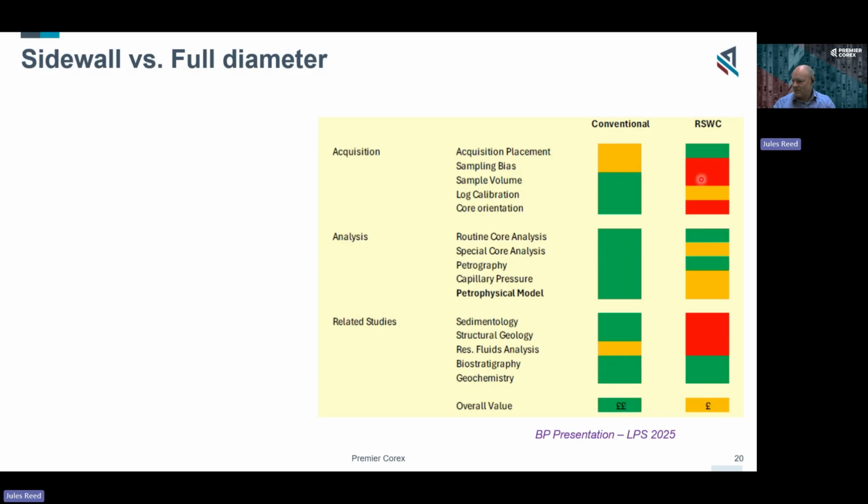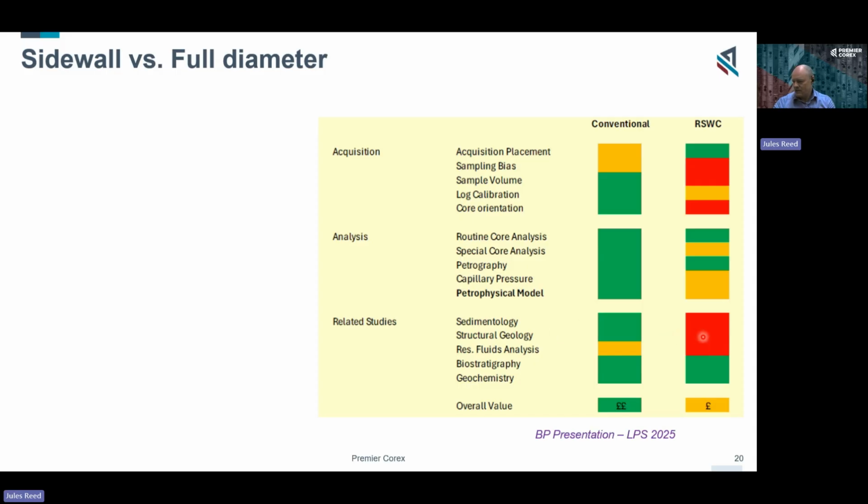There's limited sample volume. There's limitation to the orientation that you require. There is then limited sedimentology, because you're only getting the sedimentology of the samples you've acquired rather than the full distribution of the depth interval of your reservoir.